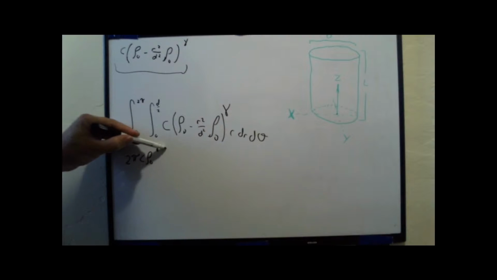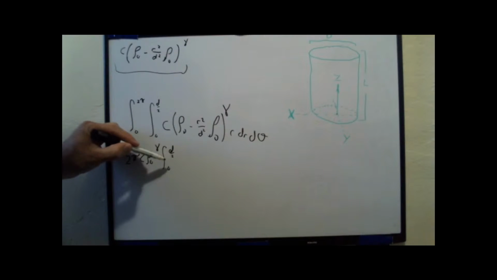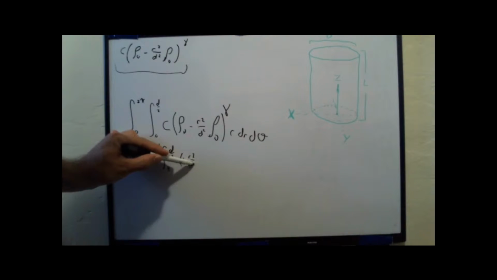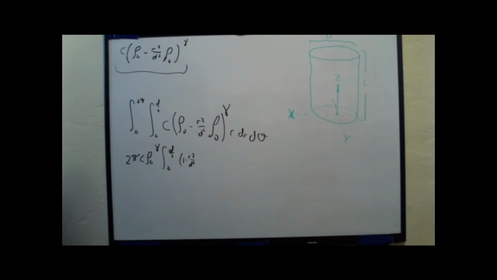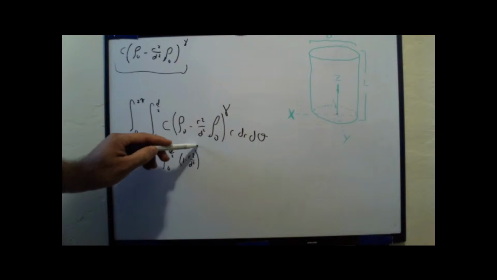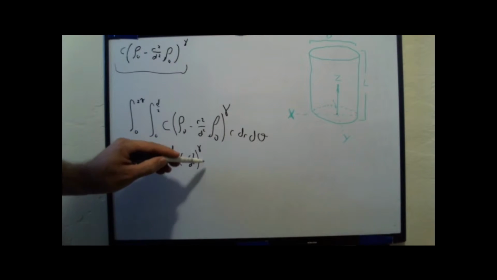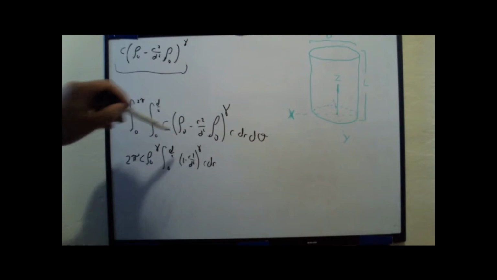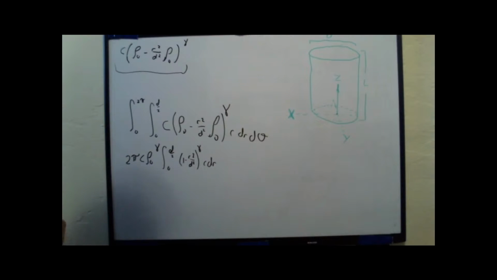Then I can say times the integral from 0 to d over 2 times 1 minus r squared over d squared to the gamma power, and r dr. We lost our d theta because there was no theta variable and we multiplied by 2 pi.